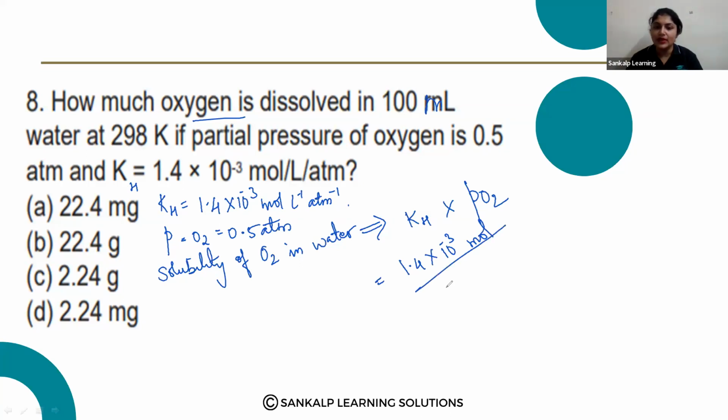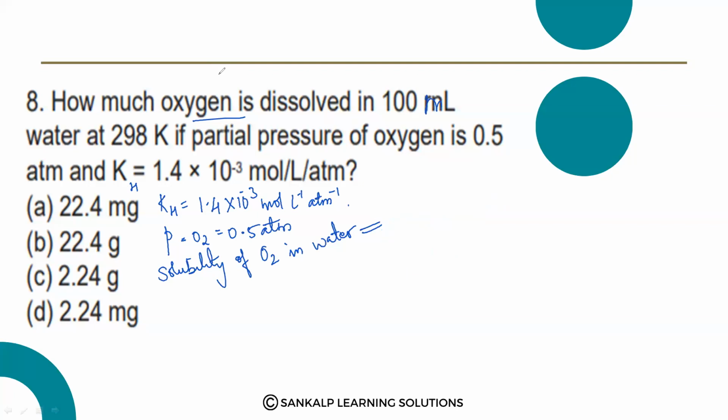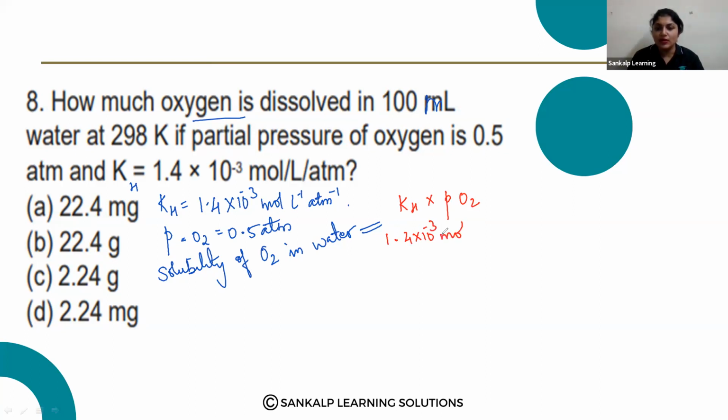Per liter means liter will come at the bottom, and per atm also comes at the bottom, into the partial pressure of oxygen, which is 0.5 atm. So this atm gets cancelled.